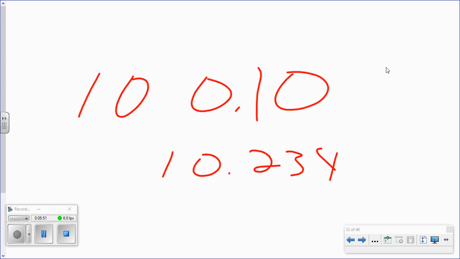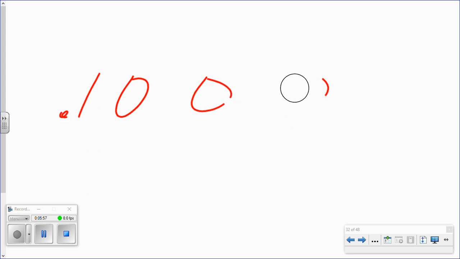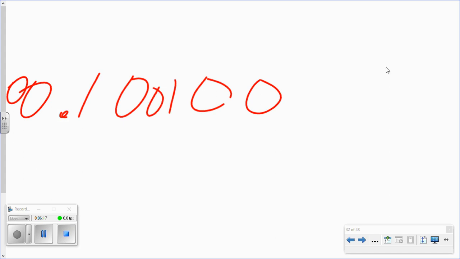How many significant figures? A little weird. How many significant figures now? 3. How many significant figures? 4. You get the idea? 5. 6. Okay? So those are several examples which you guys can go through.